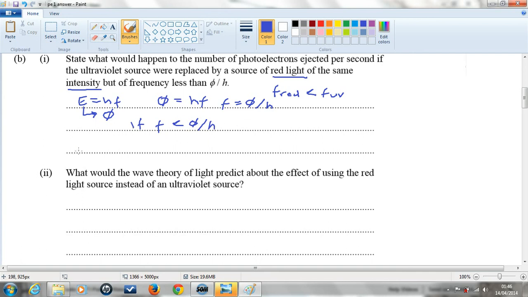So the result of this is that no photoelectrons, and remember I'm abbreviating it there, are released.